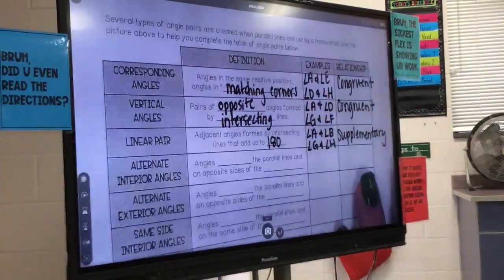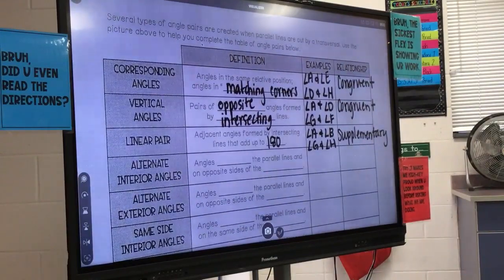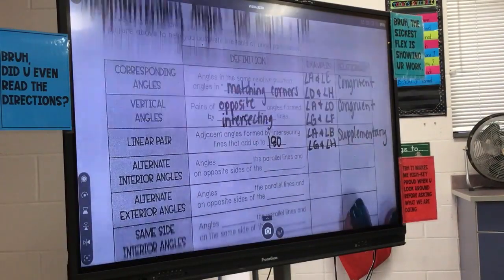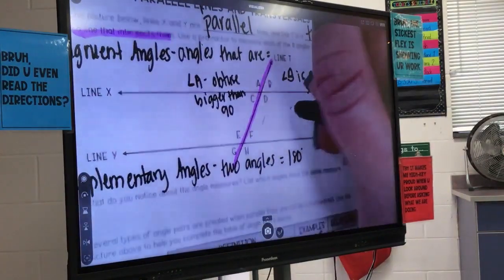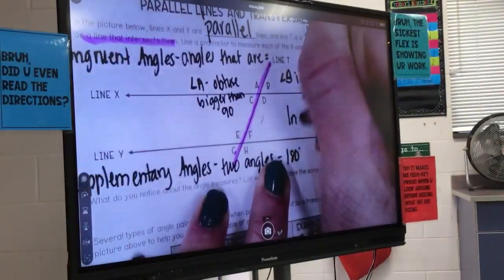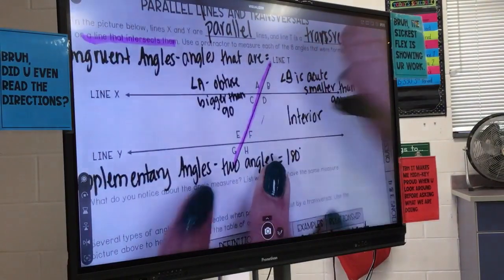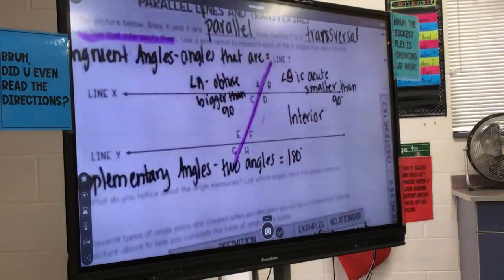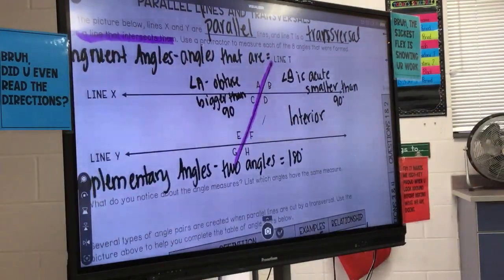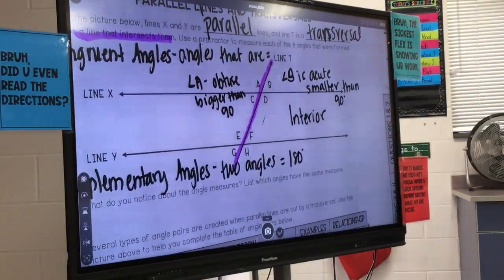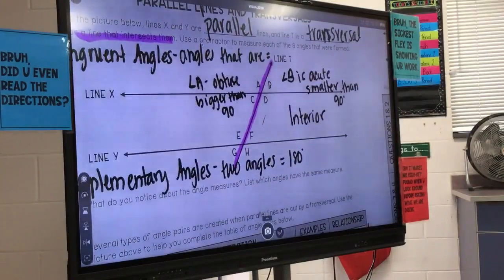All right. So alternate interior angles. So on our chart, graph thing, whatever you want to picture, this is interior. Why is that interior? Why is the middle the interior? I mean, again, I'm not asking you rocket science.